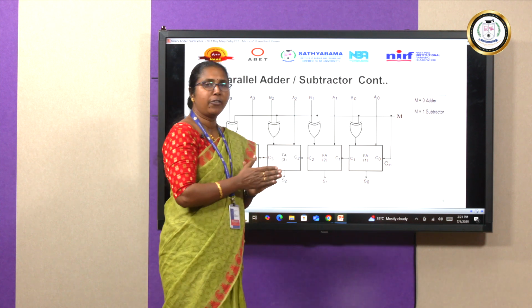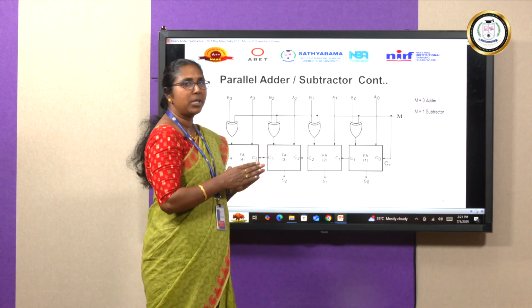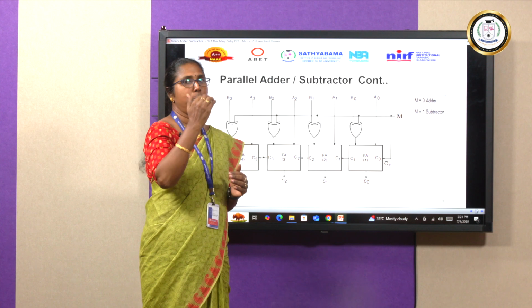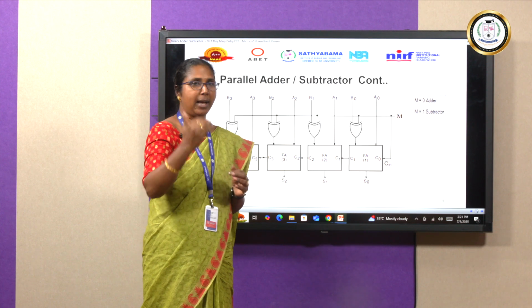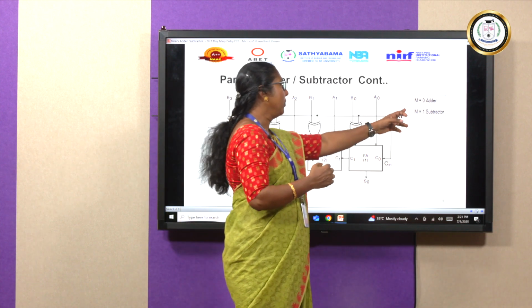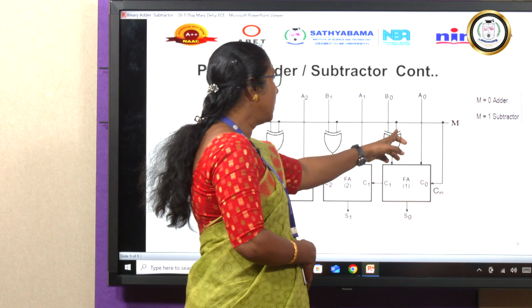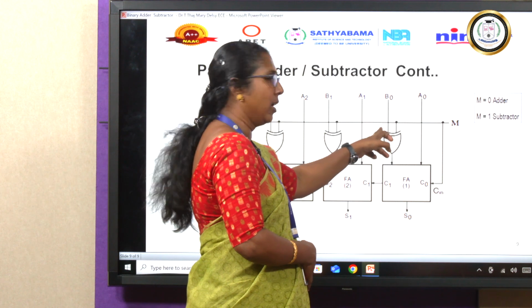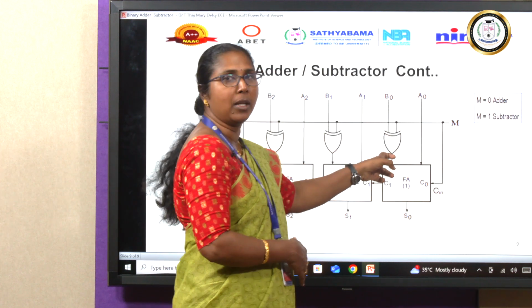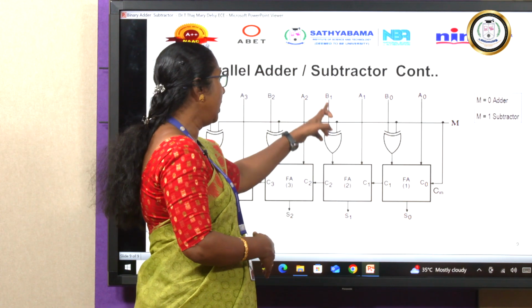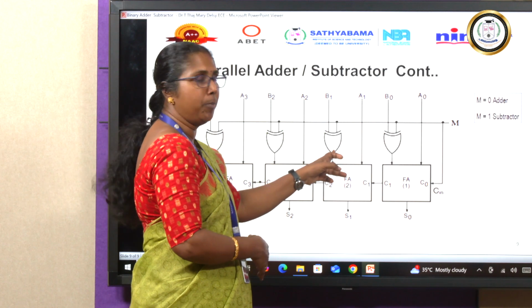So normally we know that for binary addition, the initial carry should be 0 and both the inputs are taken into the full adder as such. So here mode 0, so the initial carry is equal to 0. Now A0 is taken as such. Now 0 XOR with B0 produces the output B0. Again 0 XOR with B1 produces the output B1.